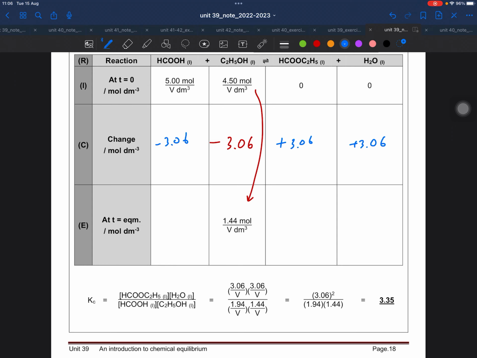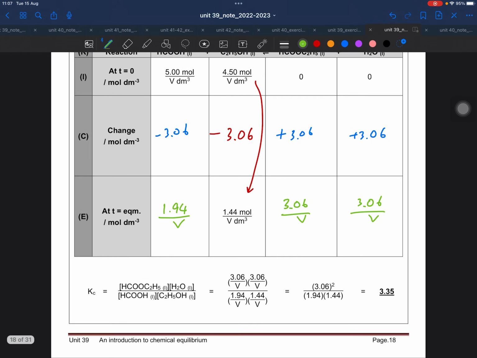We can copy all of this. And finally, let me use another color. Like this. And then you get the final answer.